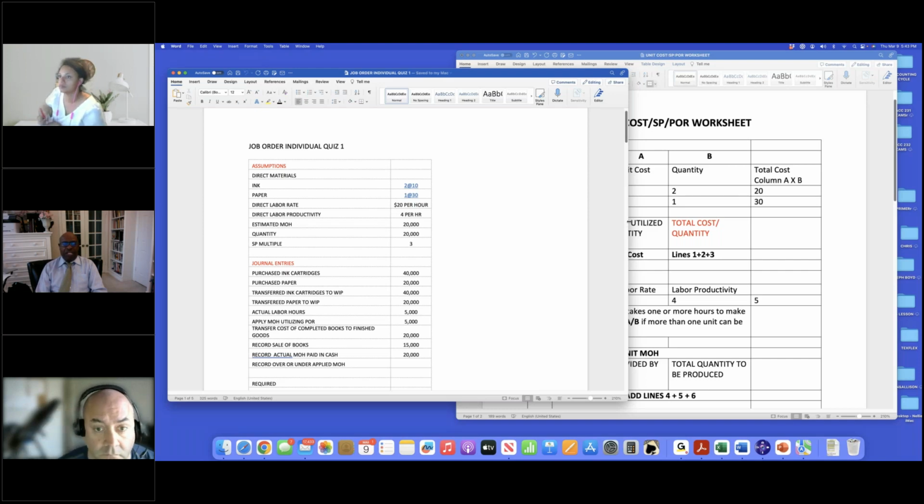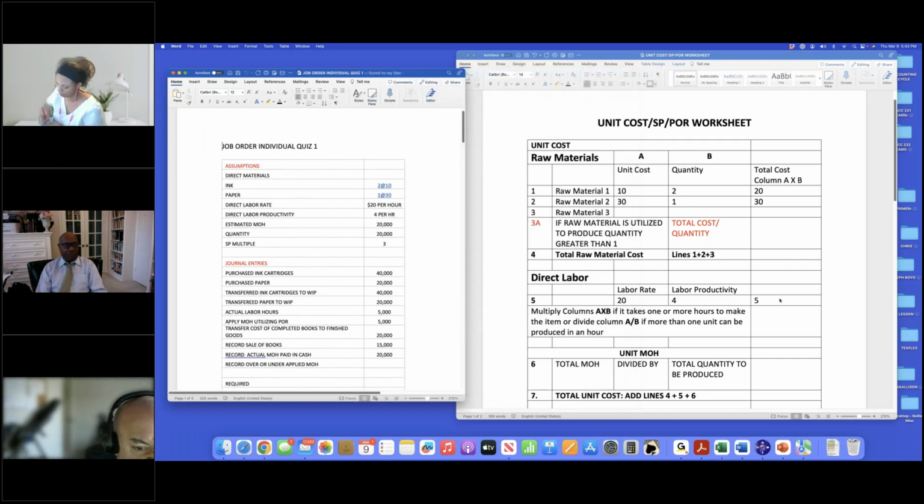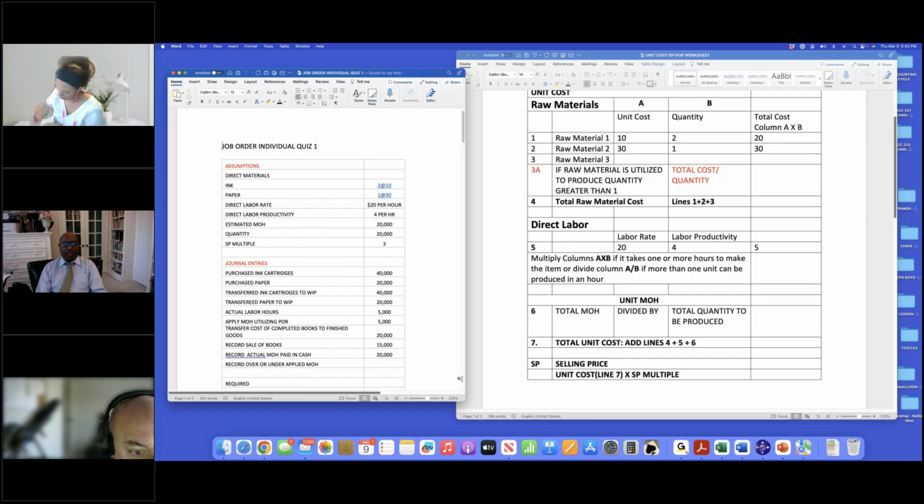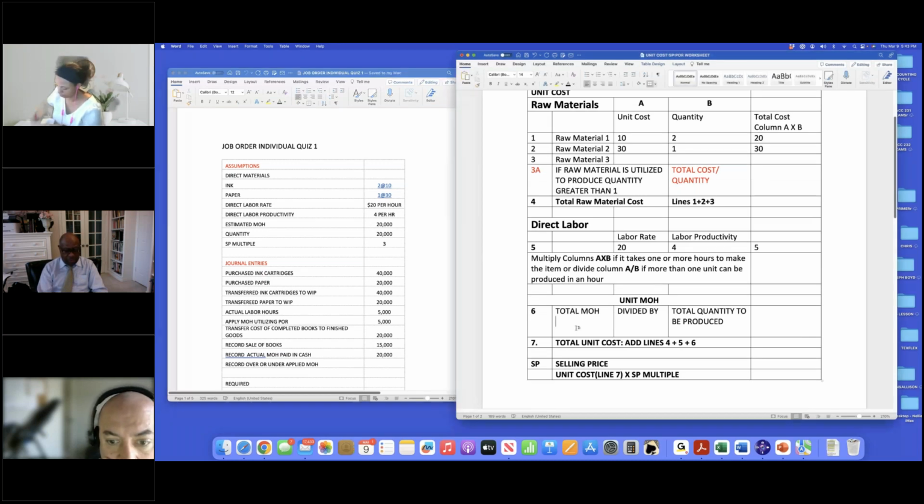So that's 5. And how much is the overhead? $20,000. And our quantity was how many were we making? 20,000. And so therefore, 20 divided by 20 gives us 1. So all you had to do was add 20, 30, 5, and 1.